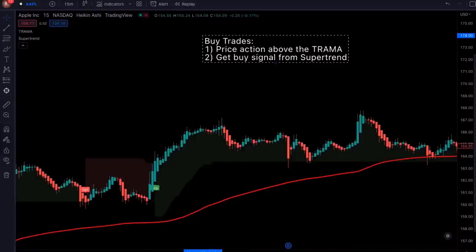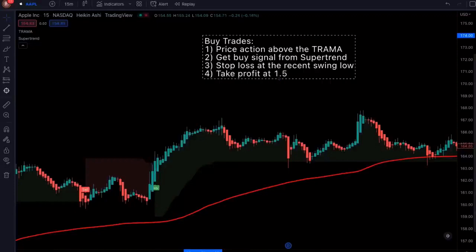Now, the way I did the backtesting on this is I went for a 1 to 1.5 risk to reward ratio, and I set up my stop loss at the recent swing low, and take profit at 1.5 of risk.